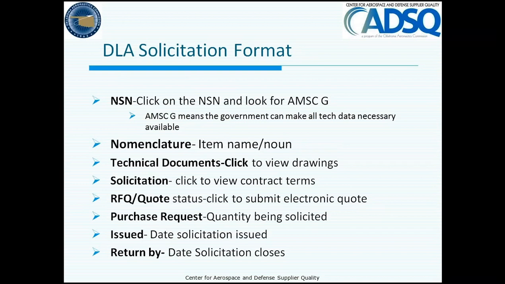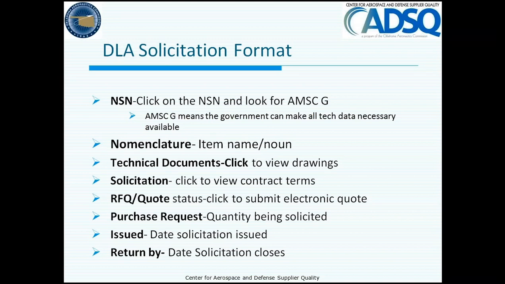If it's G-coded, it basically means that the government owns the technical data, they can give you the technical data, and you can manufacture the part from it. If it's some other AMSC code other than G, it basically means that the government doesn't own the data.